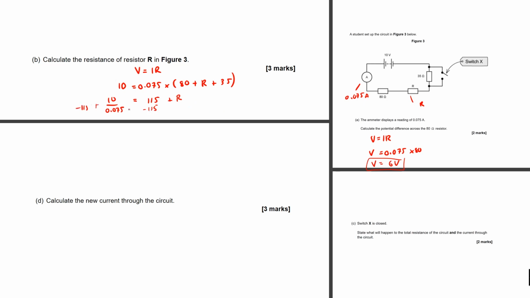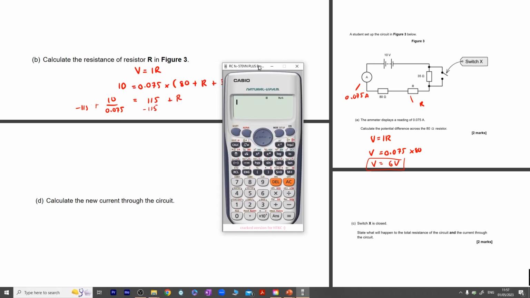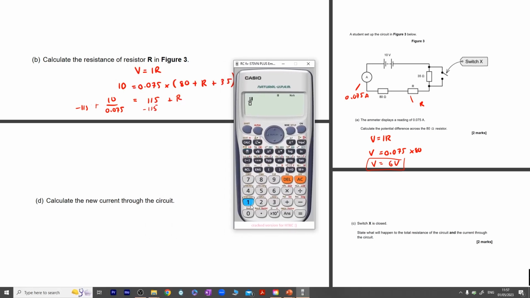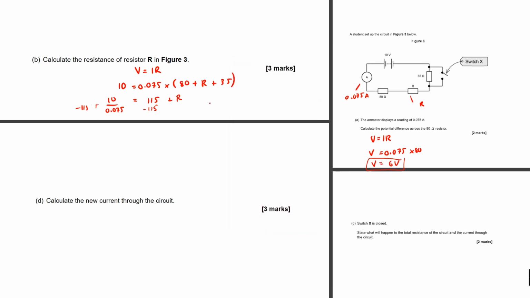We can use our calculator for this. We do 10 over 0.075, minus 115, and we should get the final answer, which is 18.3 recurring. So the resistance for R should be 18.3 recurring.